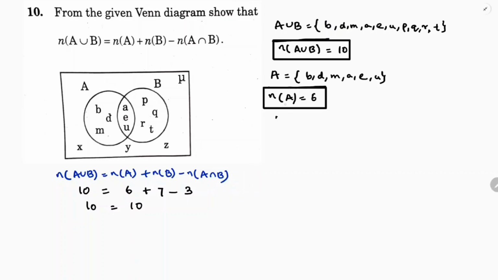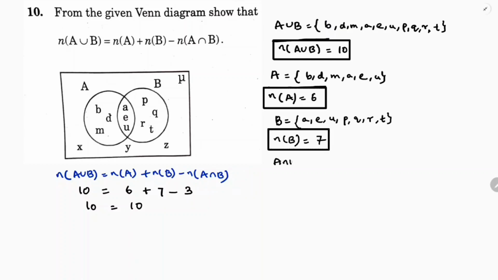Next, in B you have only these 7 elements, that is A, E, U, P, Q, R, T. So the number of elements in B is 7.